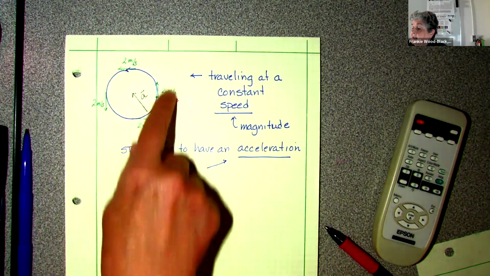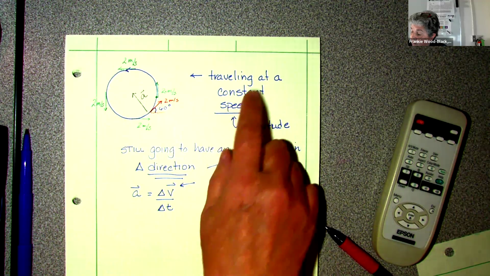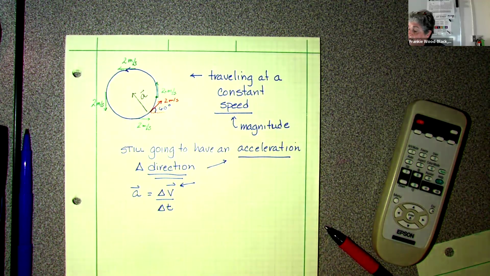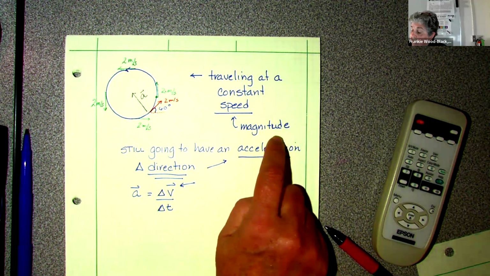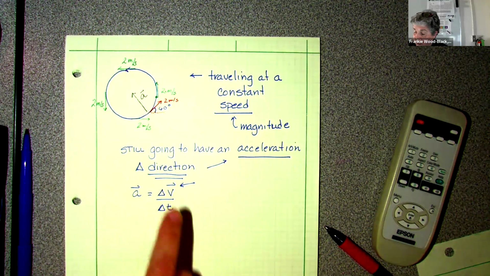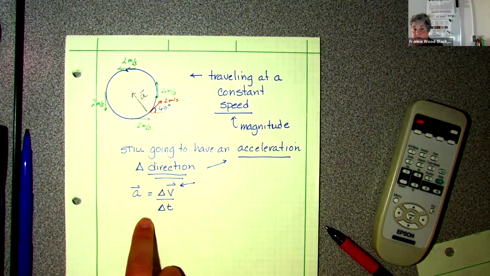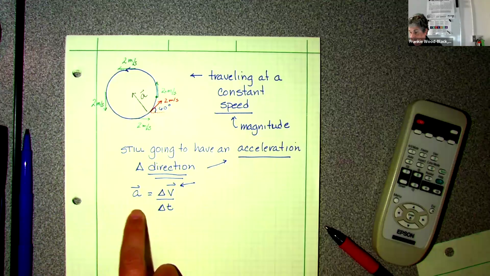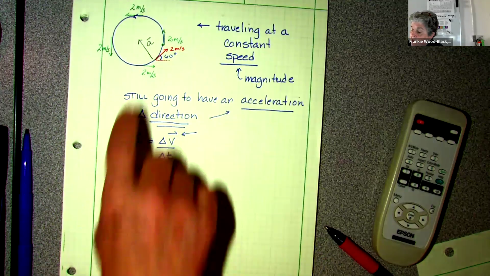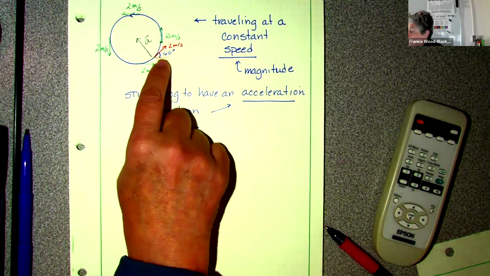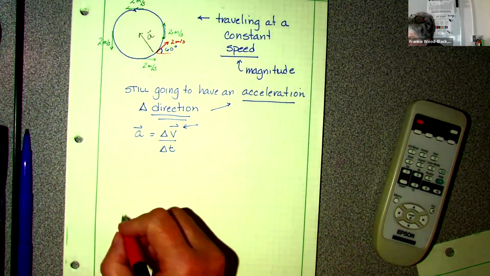But I wanted to get this idea that going back to our vectors and understanding our vectors, I've got magnitudes not changing, but direction is changing, and that's going to result in a change in vector, and a result in an acceleration. So we're going to look at this vector, and we're going to examine this vector.